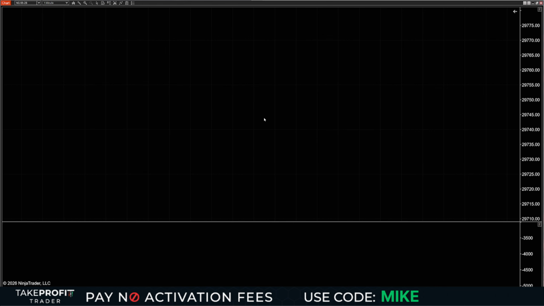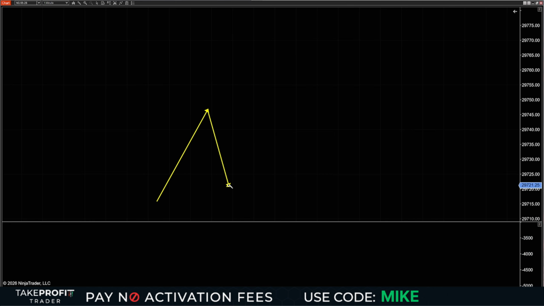So now let's talk about what invalidates a potential ABC pattern or a Fibonacci extension, however you want to go ahead and call it out. Well, in this example, let's go ahead and draw out that first impulse leg right here. Let's say that we then get a corrective move on the way down, and now the market is going to go ahead and try to rally right back up.